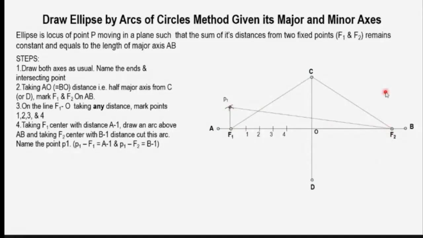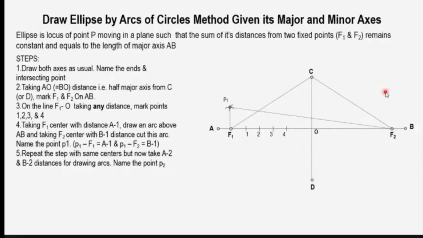Now similarly take point 2, repeat the steps with the same centers, but now take A2 and B2 distances for drawing the arcs. The arcs have to be drawn with F1 and F2 as centers. The distances have to be taken as A2 and B2. So we locate another point P2.